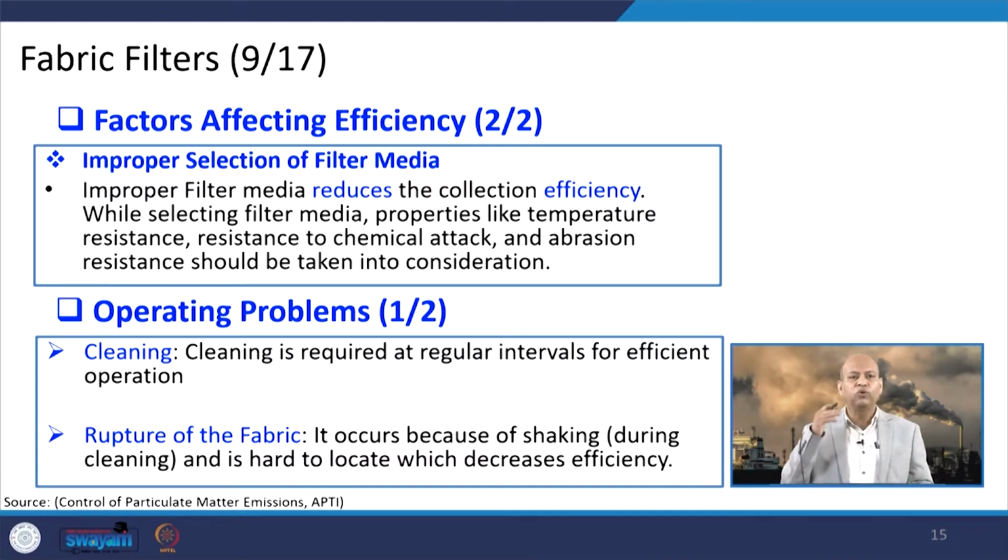When we talk about operational problems, there are cleaning and rupture of the fabric. Cleaning is required because otherwise, when these pores are packed, the pressure drop increases very high and efficiency decreases. So, regular cleaning has to be there. Then rupture of fabric can occur because of shaking during the cleaning process. It is very difficult to locate that rupture, and it can decrease the efficiency very significantly.